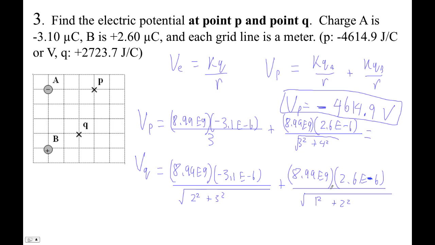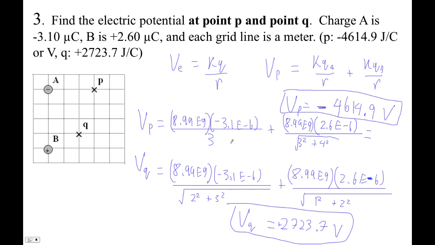So this is 2723.7. That's a positive number. So VQ is 2723.7 volts, and that's positive. Let's just look at the picture here. Q is relatively close to this positive charge, so it's going to be pushed up in general. P apparently was fairly close to this negative charge, and so it's the place where the sheet of rubber is pushed down.